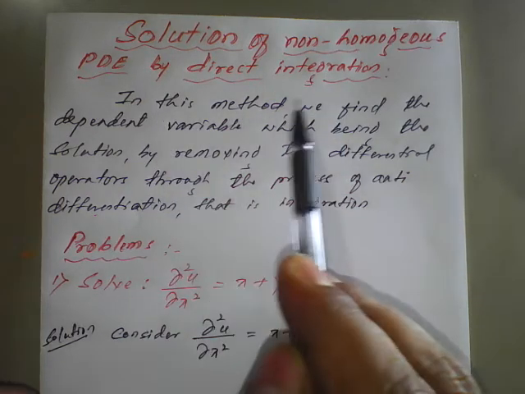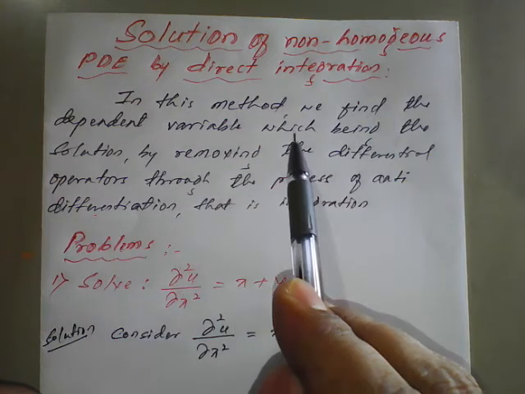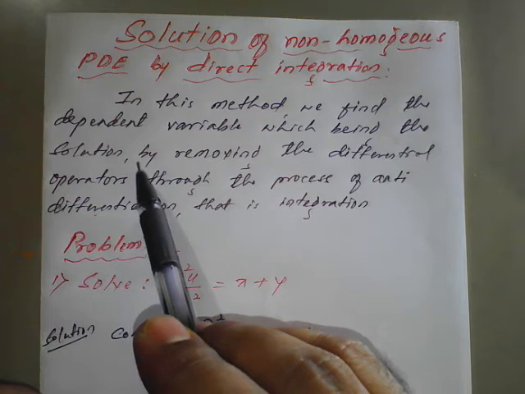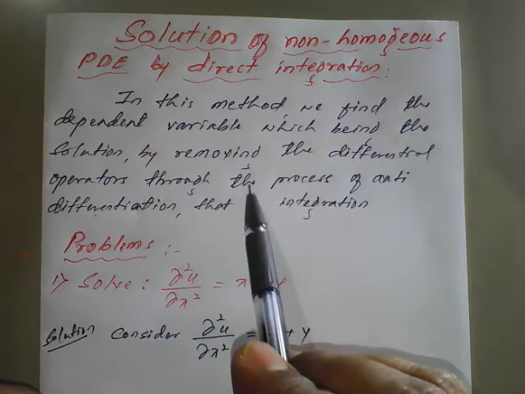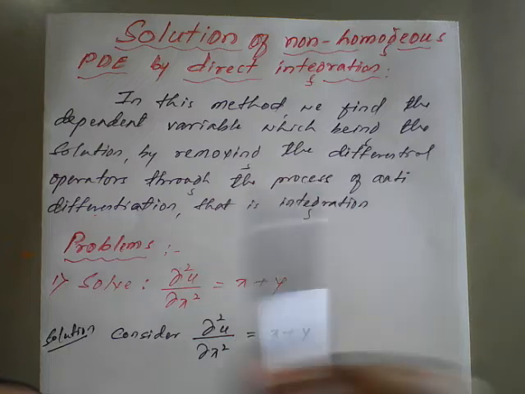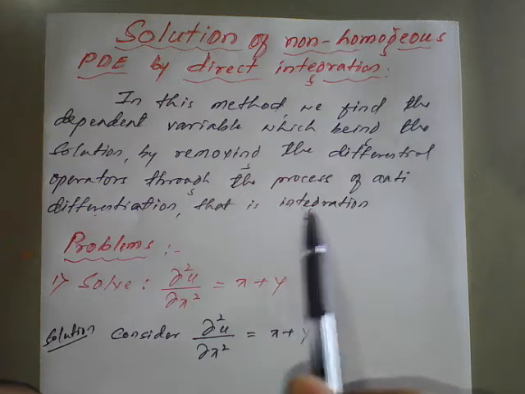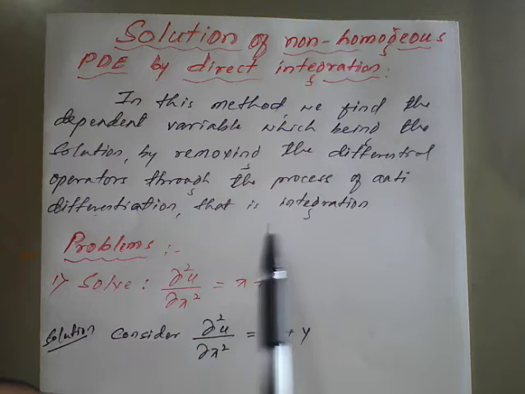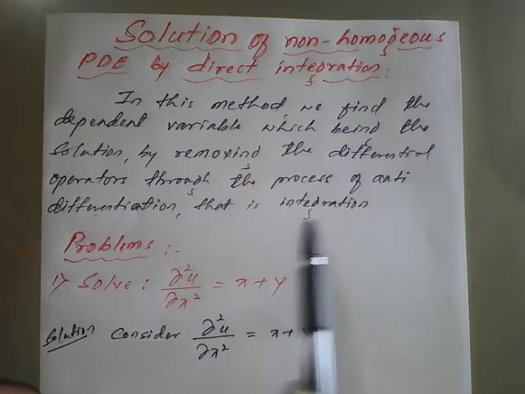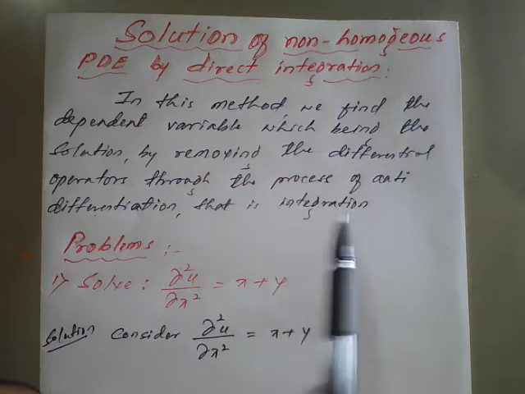In this method we find the dependent variable, which is the solution, by removing the differential operator through the process of anti-differentiation. Anti-differentiation means what here? Integration. To remove the differentiation operator we can apply integration, so that we can easily remove the differentiation.